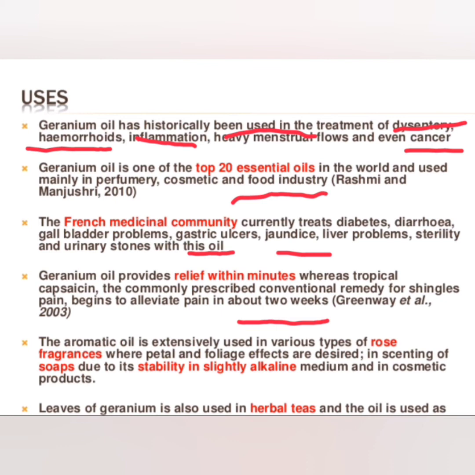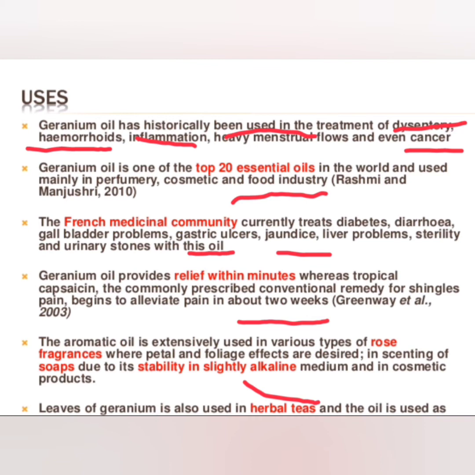And the leaves of geranium are also used in herbal teas. And the pure geranium oil is almost a perfume by itself, and it blends well when added with other perfumes.